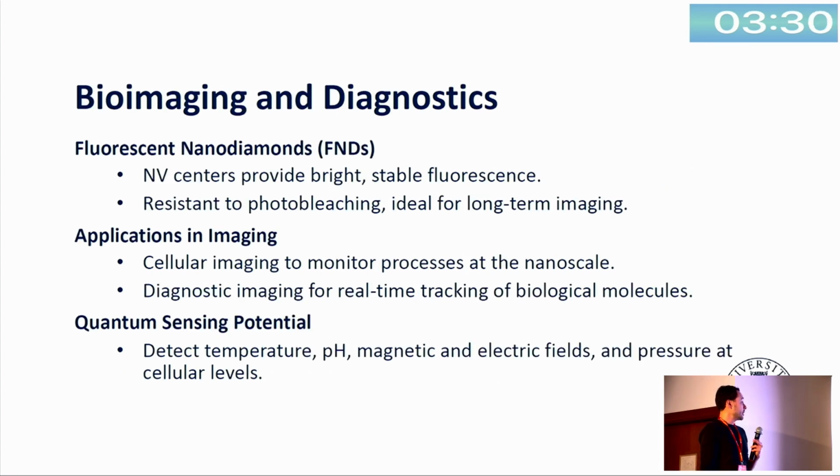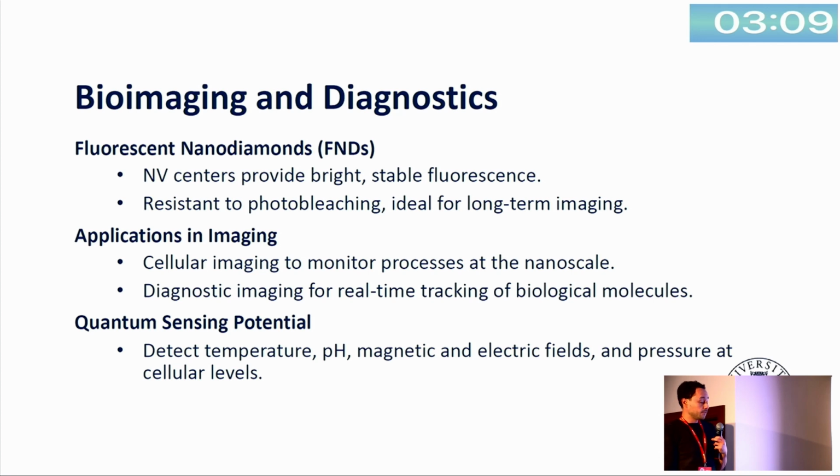Concerning bioimaging and diagnostics, as I mentioned, nanodiamonds are fluorescent because of these nitrogen vacancy centers. And the fluorescence is bright and stable. It's resistant to photobleaching, and it's ideal for long-term imaging, even within the body.